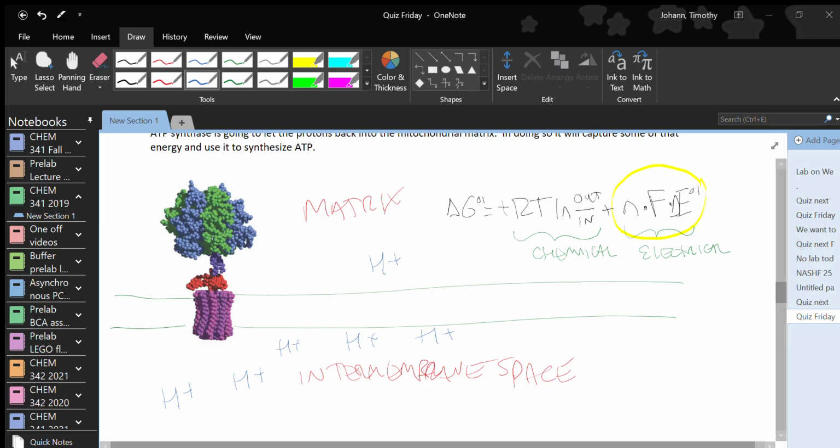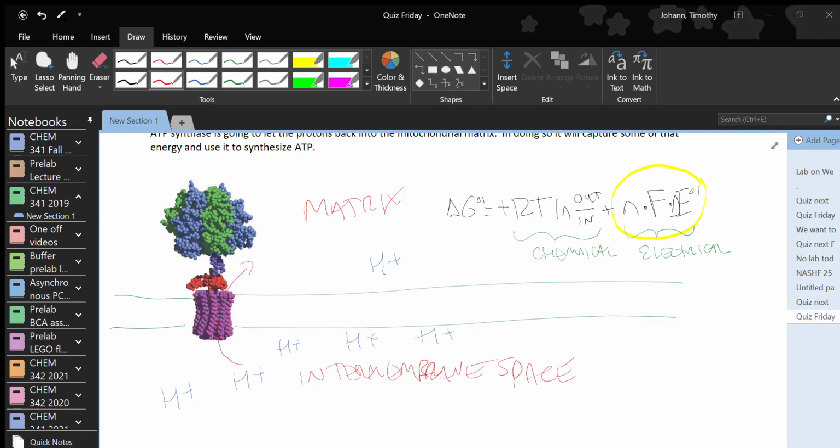All right, so we got these protons here. They're outside. They are going to come through this little thing right here. This is like a water wheel. This is going to spin. It's going to cause this to spin, okay? And it's going to make ATP. All right. Actually, no, I'm sorry. It's not going to cause this to spin. This is going to be held in place by something I'm going to show you in a minute, okay?